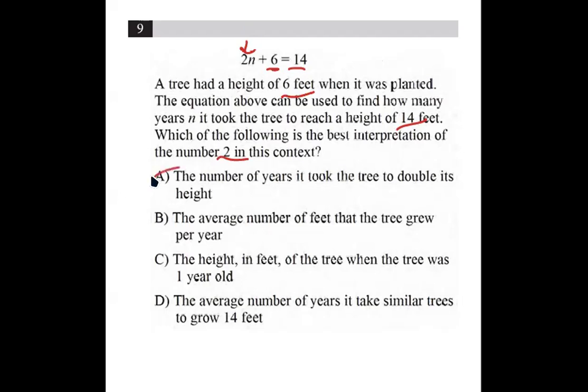So number of years it took, no. The average number of feet it grew per year, yes. So the correct answer is B. Height when it was 1 year old, no. Average number of years for similar trees, no. So the correct answer is B.